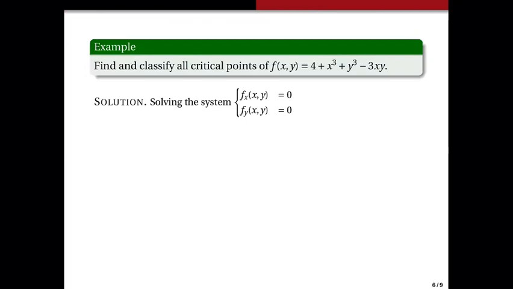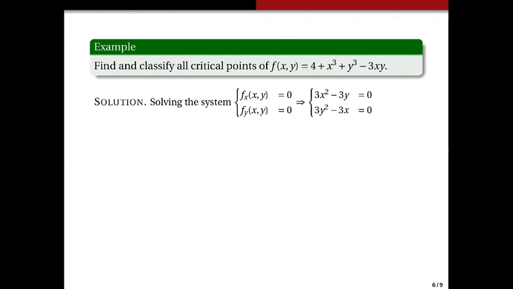So if we try to solve this, we will have the following. You will have 3x squared minus 3y equals 0. Then the other one is 3y squared minus 3x equals 0. Okay? Then of course, you can factor out the 3, it's never 0. What you will have here is x squared minus y equals 0 for the first part.